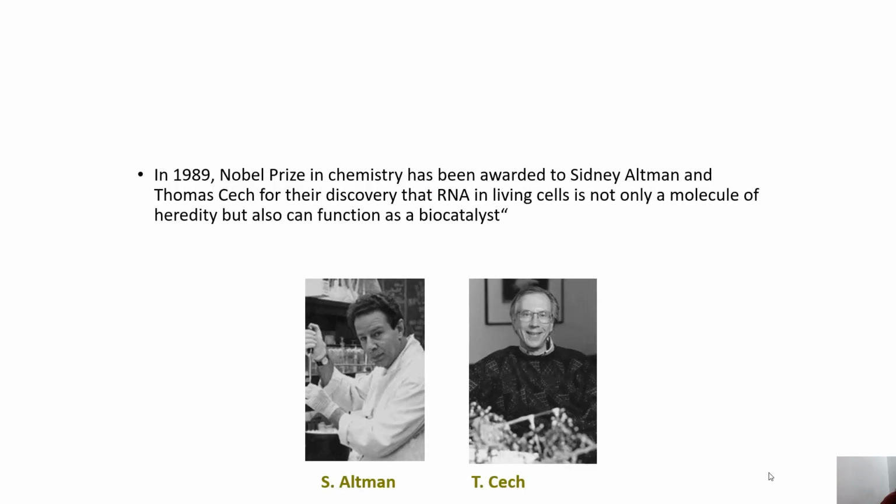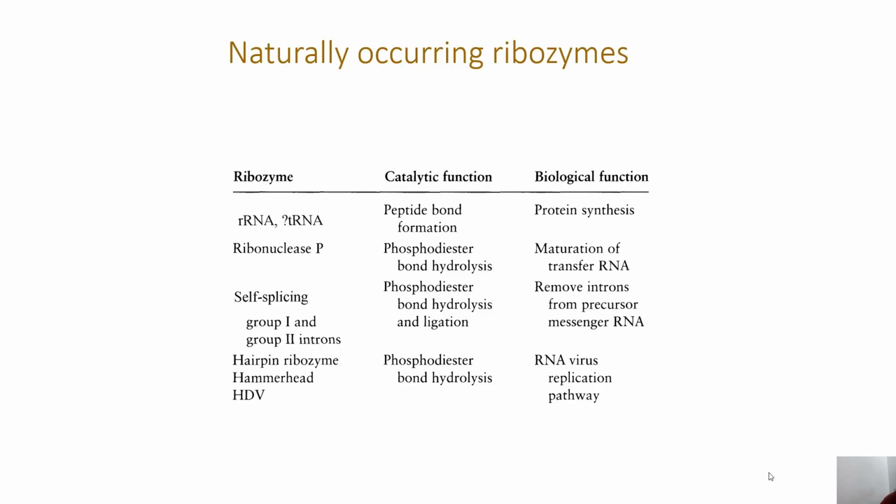In 1989, the Nobel Prize in Chemistry was awarded to Sidney Altman and Thomas Cech for the discovery that RNA in living cells is not only a molecule of heredity but can also function as a biocatalyst. There are naturally occurring ribozymes. The ribosomal RNA is catalytic for peptide bond formation, and the biological function is protein synthesis.